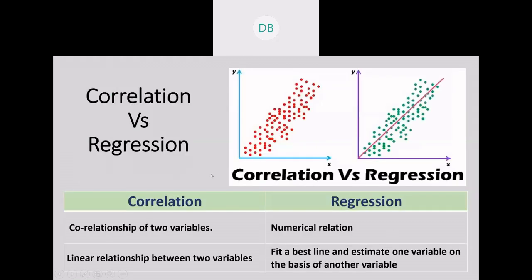And to compare correlation and regression, just by the graph you can understand that correlation provides the pattern of relation between the two variables, whereas regression provides a numerical expression of the relation. In regression, you can find the best fit line through the points, using which you can estimate the value of one variable on the basis of the value of the other variable.